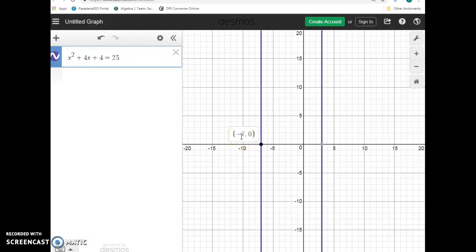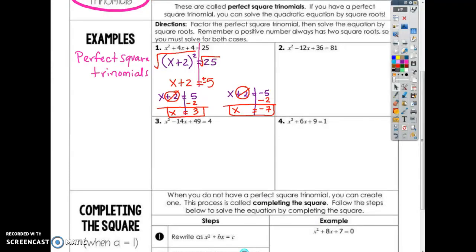One answer is negative 7. The other answer is positive 3. Son las respuestas. Negative 7, positive 3, check, positive 3, negative 7. Okay? I want you to pause and do problem 2.